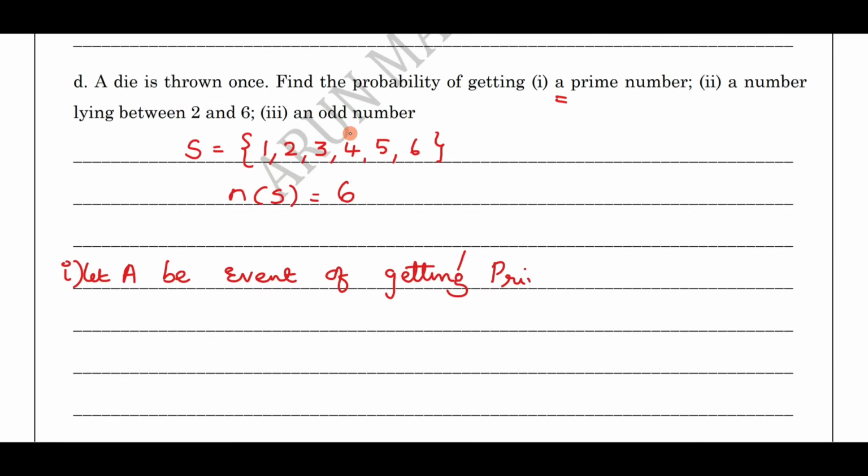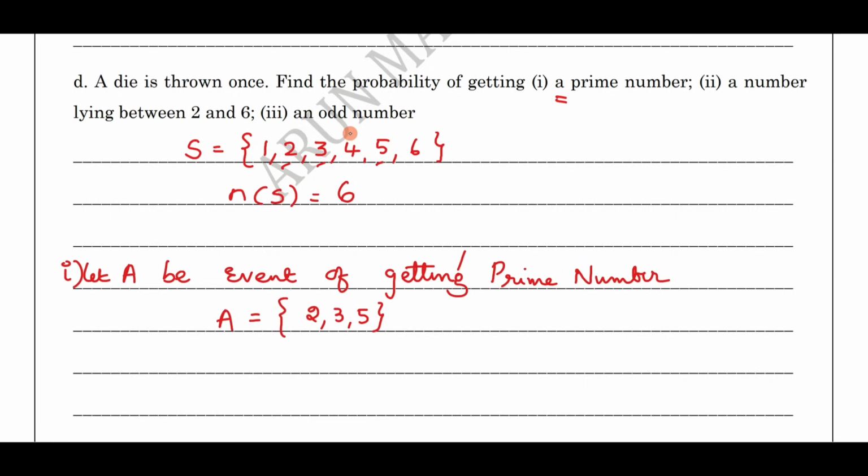What is a prime number, composite number, odd number, even number? All this you should know actually. So A equals what? What are the prime numbers here? 2 is a prime number, 3 is a prime number, and 5 is a prime number. Therefore, A is 2, 3, 5. 1 is not a prime number. It starts from 2.